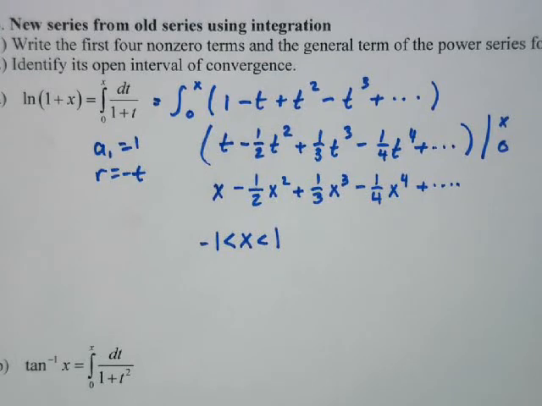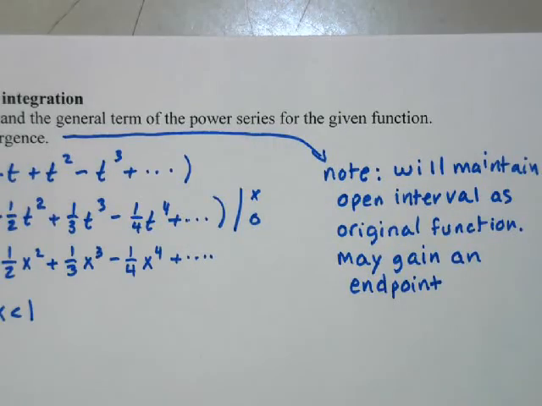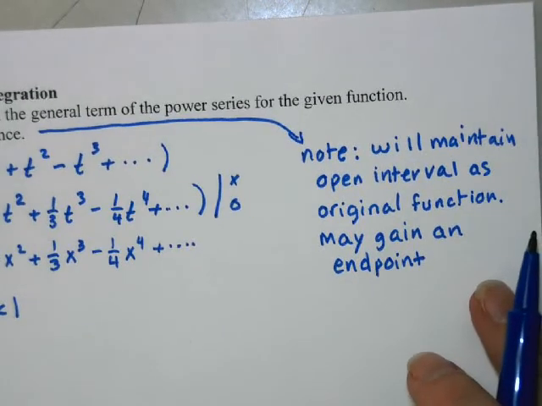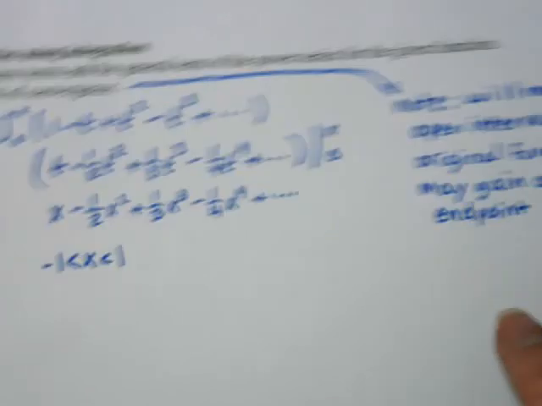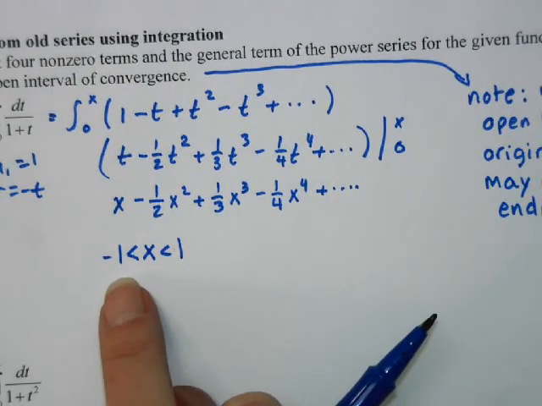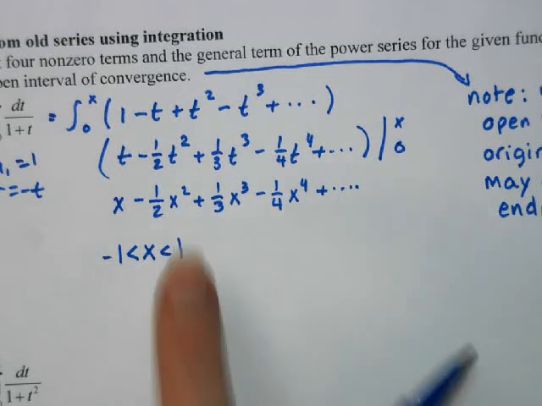There is a note on this one, again, on the open interval. It's still going to maintain the interval of convergence of the original function, in this case 1 over 1 plus t, but if you integrate, you may gain an endpoint. So on this open interval, this one may potentially include -1 and 1.